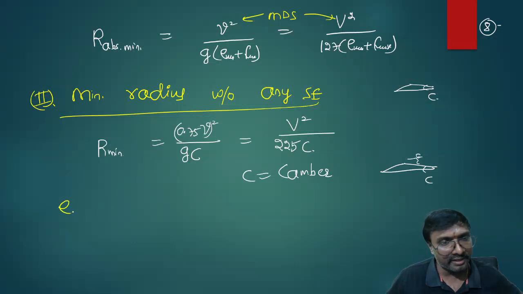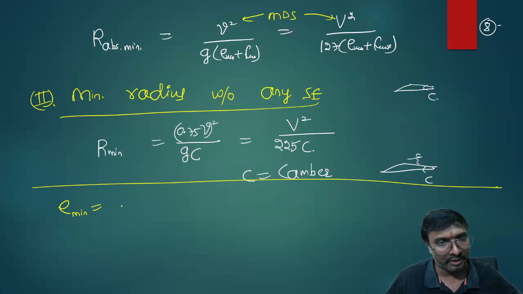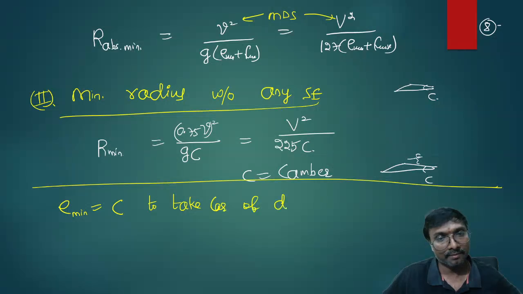Now what is that E minimum? Minimum limit of the super elevation, if you observe: camber, for which purpose? To take care of the drainage. And super elevation should not be greater than E maximum, for which purpose?